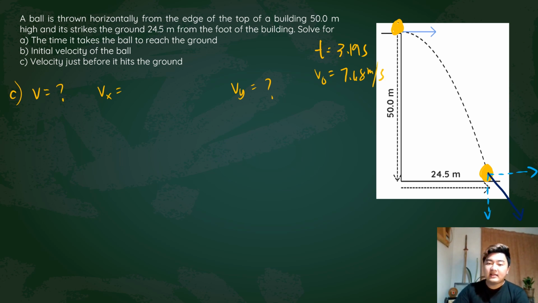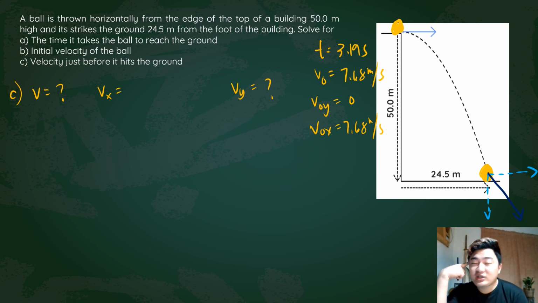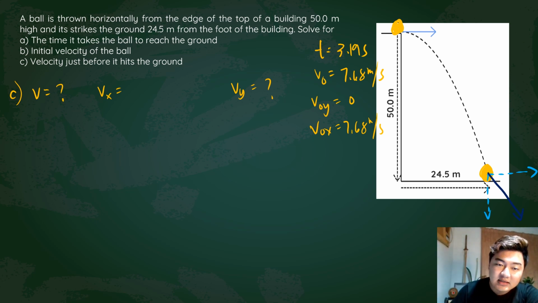We also have identified that your initial velocity in y is 0 and your initial velocity in x is 7.68 meters per second. If you remember, we mentioned that your initial velocity in x is equal to the final velocity in x because projectile motion follows a uniform horizontal motion along its x-axis. So therefore, this is 7.68 meters per second as well.